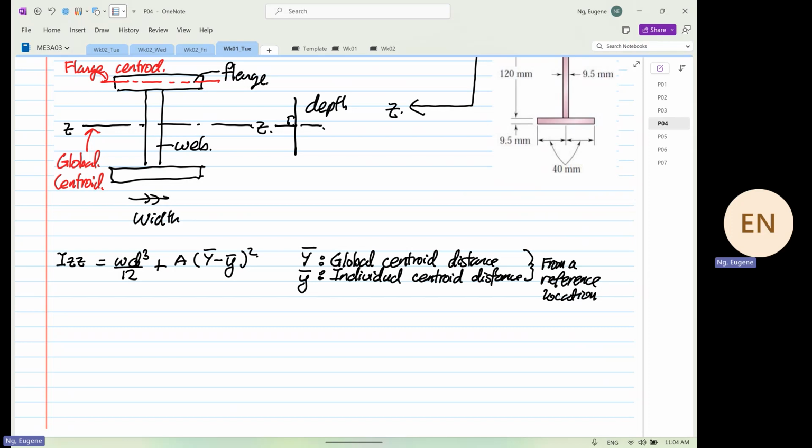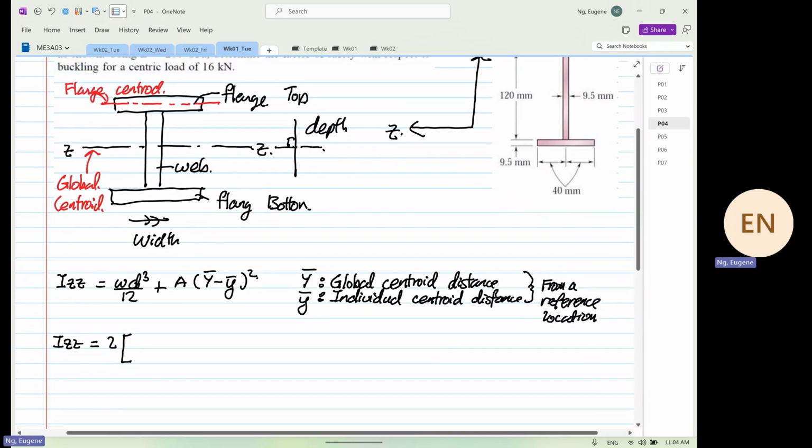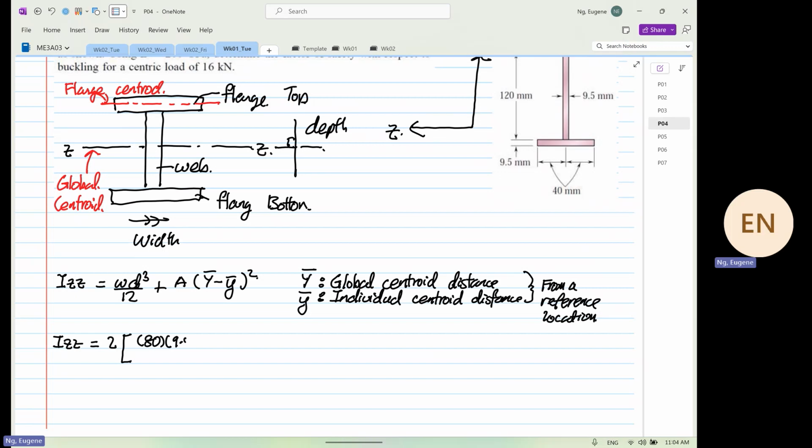Because the flange at the top and the flange at the bottom are symmetric, we can have IZZ equal to twice again. Our width now is 80. Our depth now is 9.5, cubed over 12, plus the cross-sectional area.